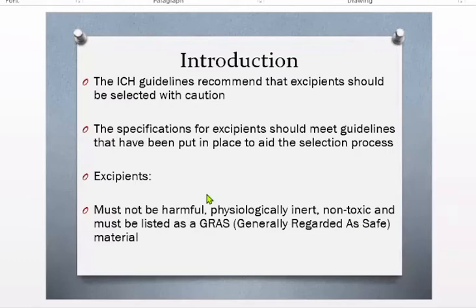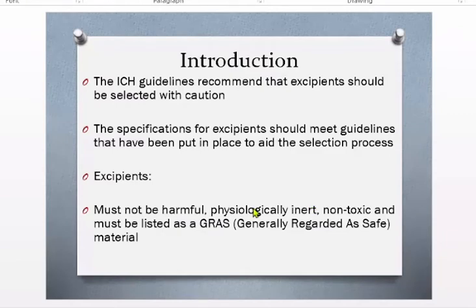One of them is that the excipients must not be harmful, should be physiologically innate, non-toxic, and must be listed as GRAS. GRAS referring to generally regarded as safe material. So when you choose the excipients, ensure that these excipients are not going to be harmful.